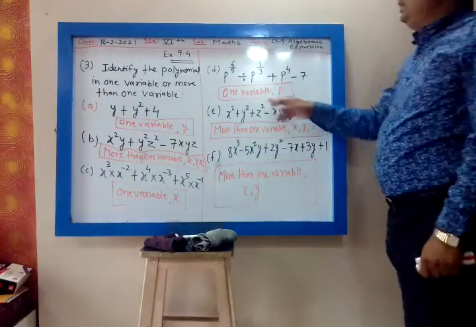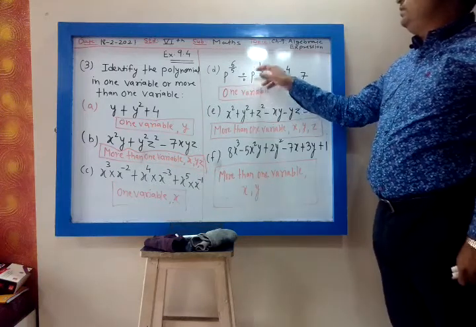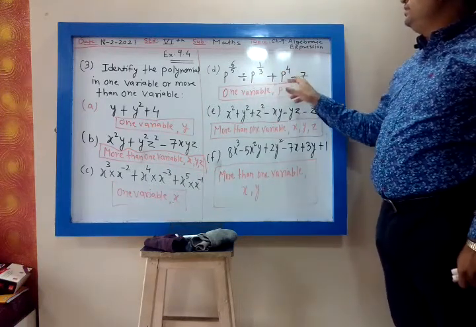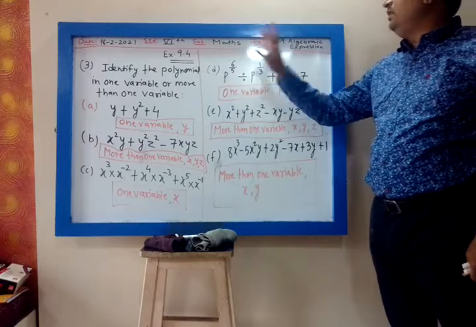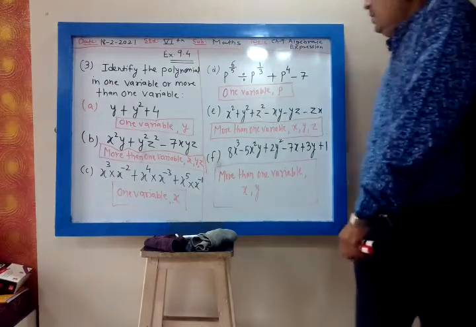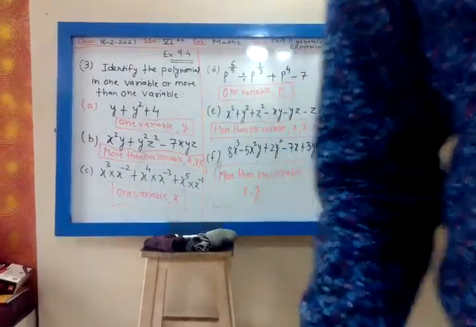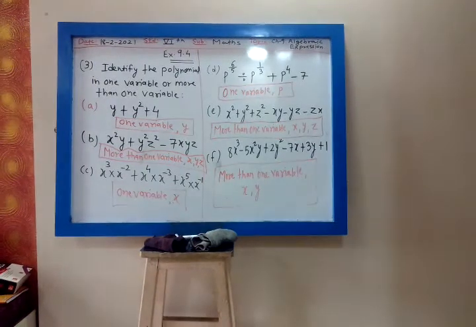Then p raised to 6 by 5 divided by p raised to 1 by 3 plus p raised to 4 minus 7. One variable p. Then x square plus y square plus z square minus xy minus yz minus zx.